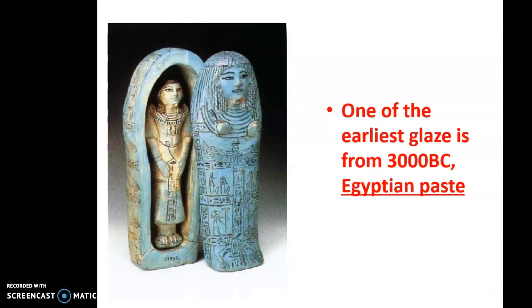Now, one of the earliest glazes comes from about 3000 BC, and it's called Egyptian paste. That's what this turquoise Egyptian piece looks like. It comes in a powder form, it's not painted on. So it's actually mixed in with the clay when the clay is mixed.